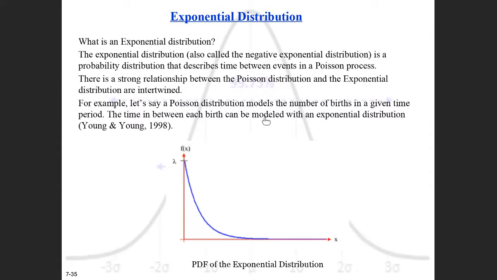For example, let's say a Poisson distribution models a number of births in a given time period. The time in between each birth can be modeled with an exponential distribution. That's an example of the curve being exponential. It moves in an exponential function.